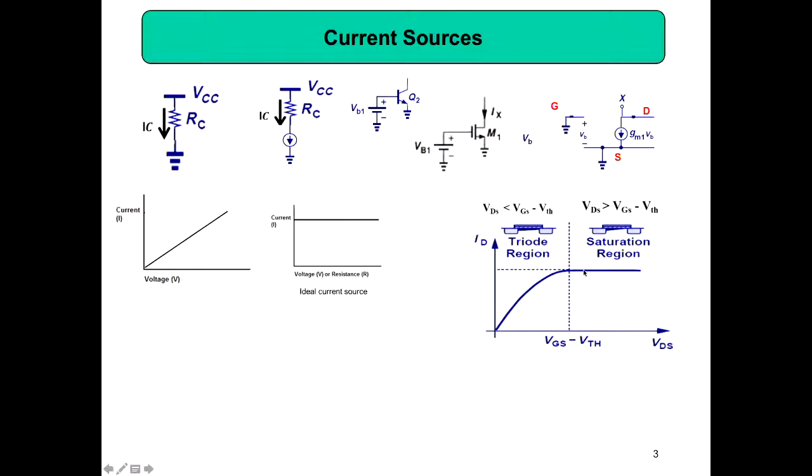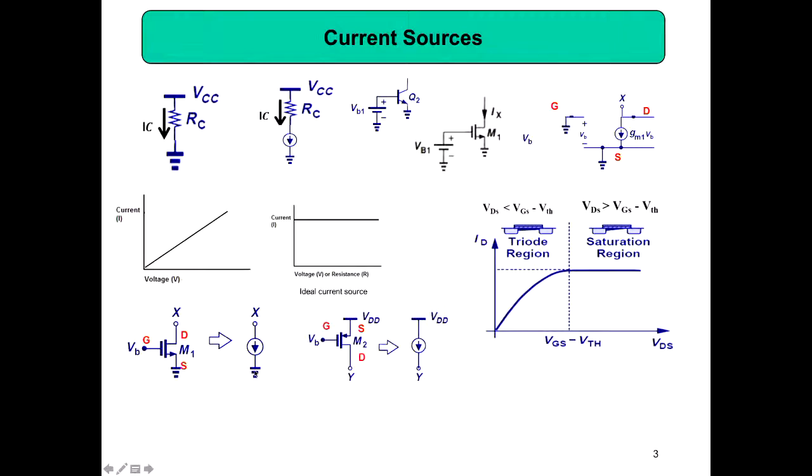So if you are operating in this region, then you can use your transistor as a current source. This region, you have to bias it. This current source I represented here as X and here as ground. So that is the reason for X, and then this is the current source notation, and then ground.